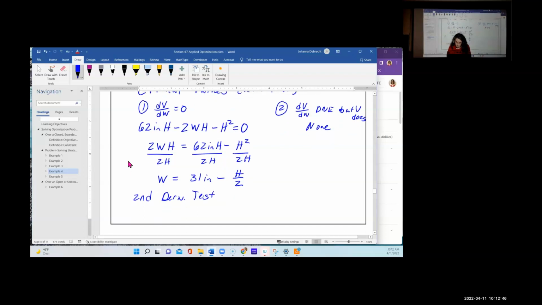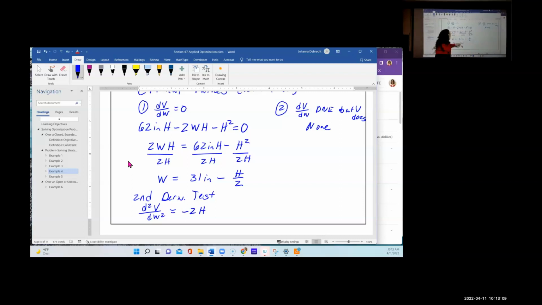And I can find d squared V by dW squared, which again, I'm applying to this expression right here, which is the first derivative. H is a constant, so that term drops out. Second term has a W in it, so I get a minus 2H.